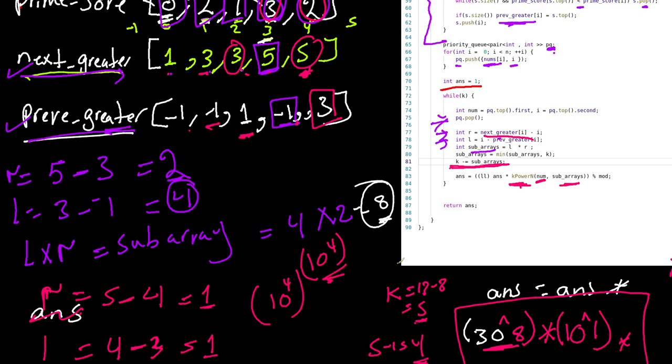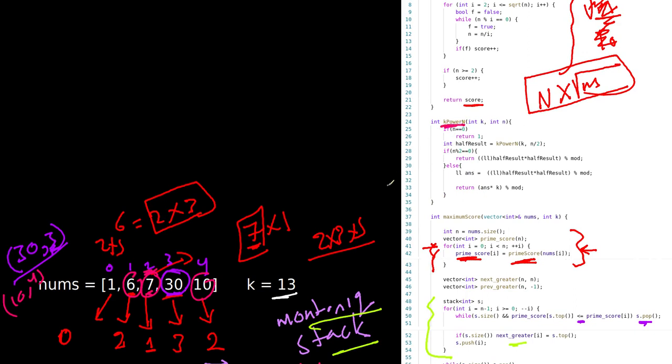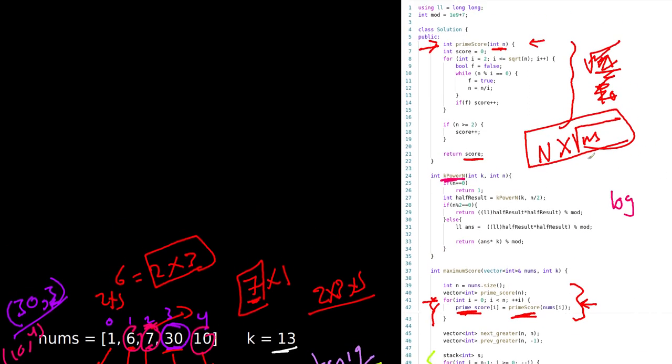We need an efficient way, and this is why we are using this function k power n, which has log time complexity instead of iterating over every number and multiplying it.